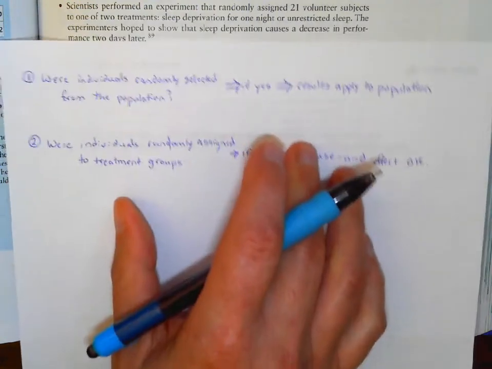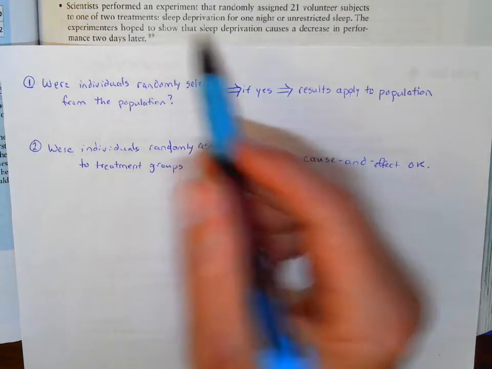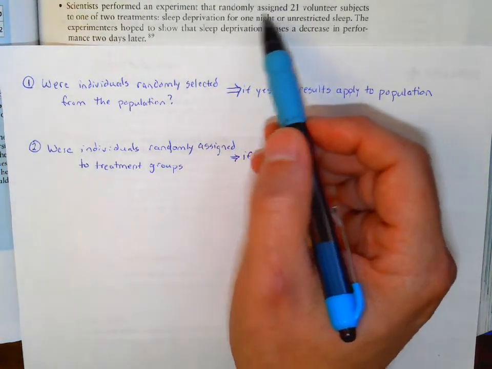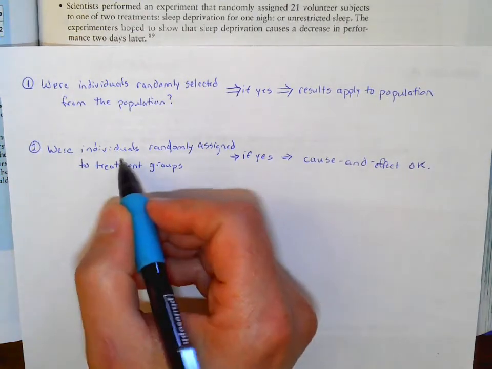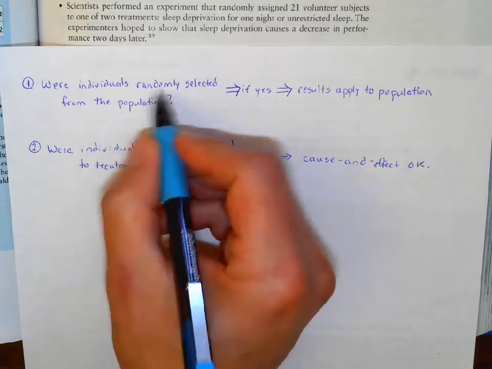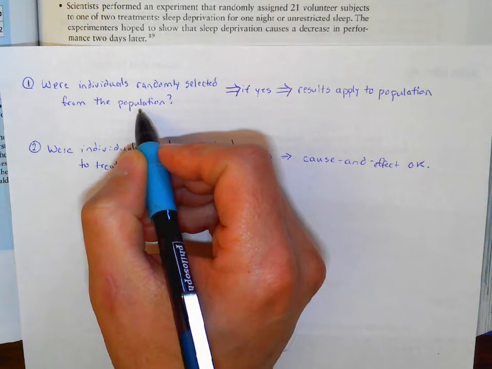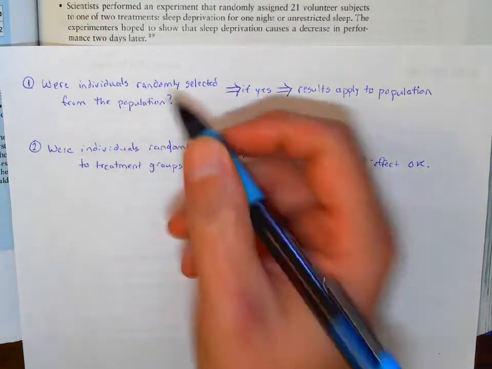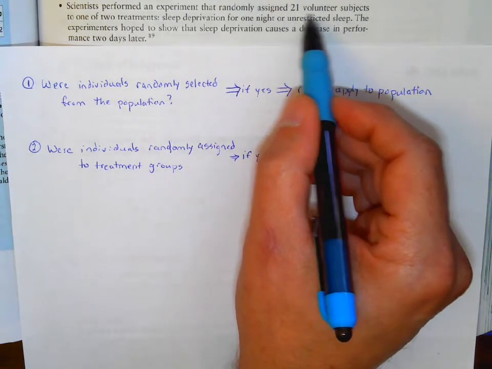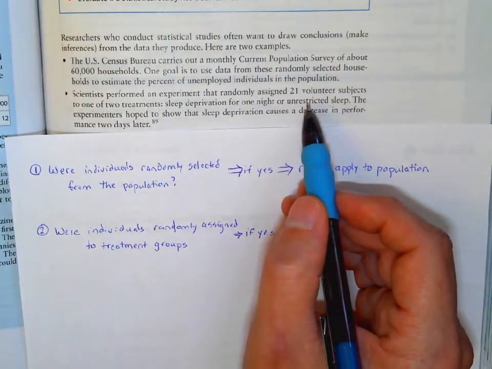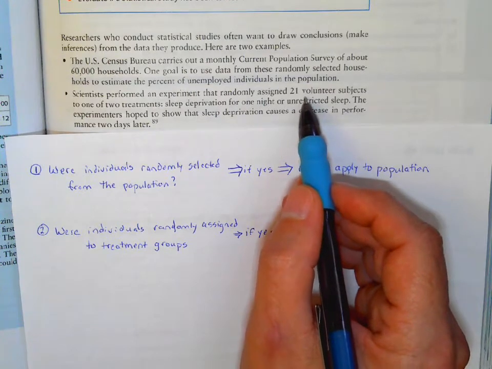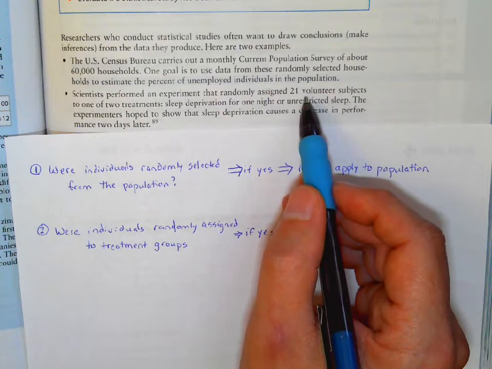Whereas in this one, they performed an experiment that randomly assigned 21 volunteer subjects to one of two treatments. So were the individuals selected from a population? Well, it wasn't the population of all people. It was just a selection of 21 volunteers. Now if they're volunteers, then I can't apply it to the whole population, because maybe those volunteers have a certain characteristic, right?